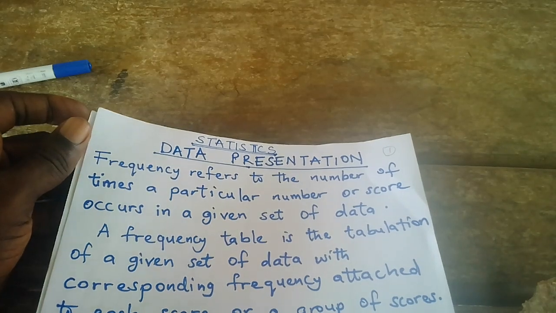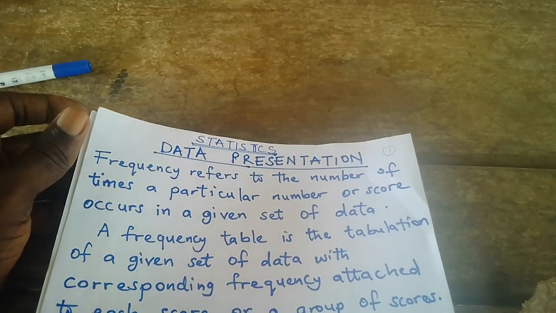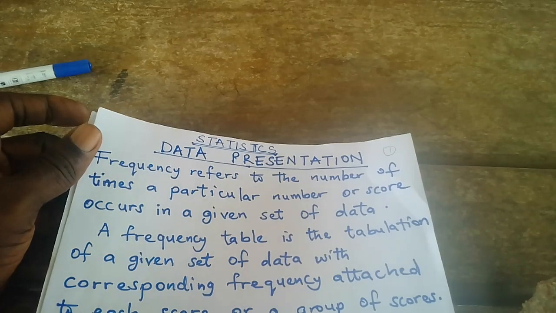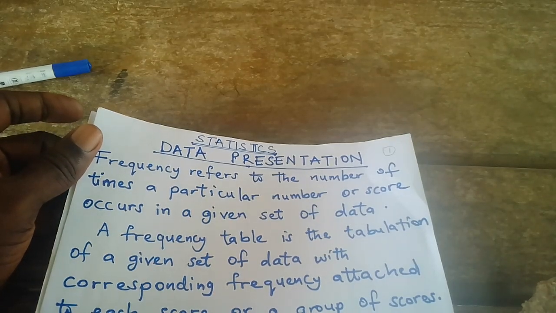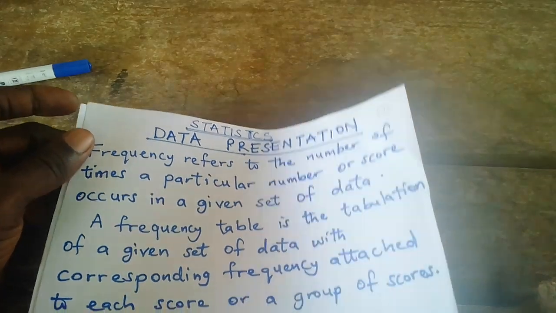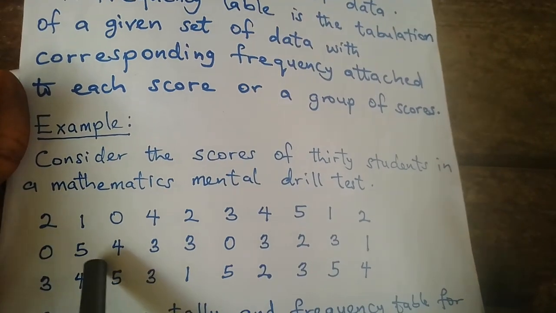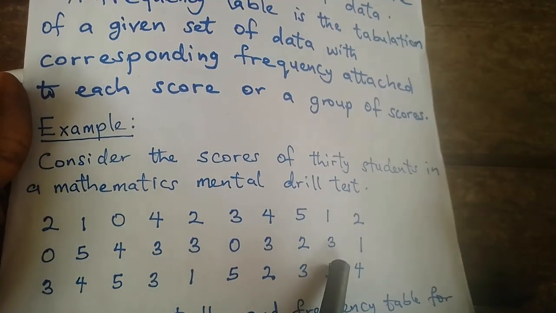But the reason we use all these instruments is because we want to present the data in such a way that at a glimpse we'll be able to understand what the whole information is talking about. Now, if you look at this set of information, you realize it wouldn't make a meaning to us.